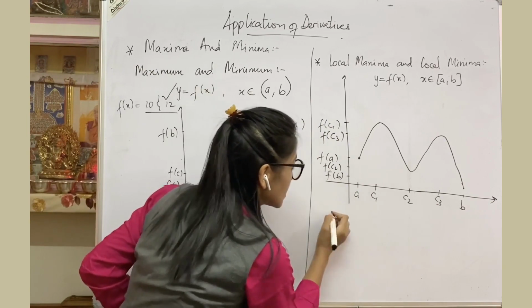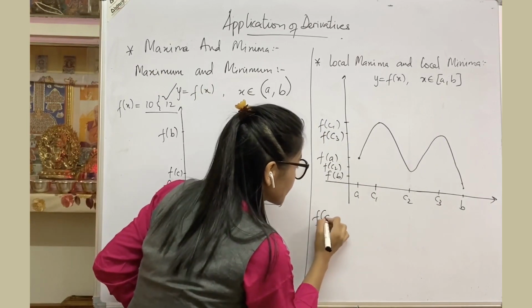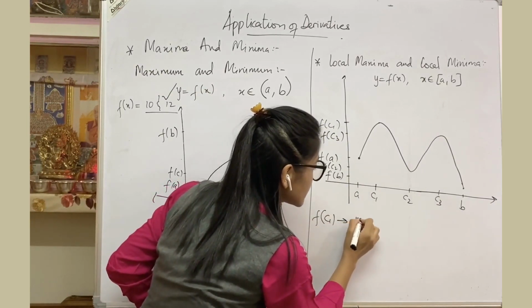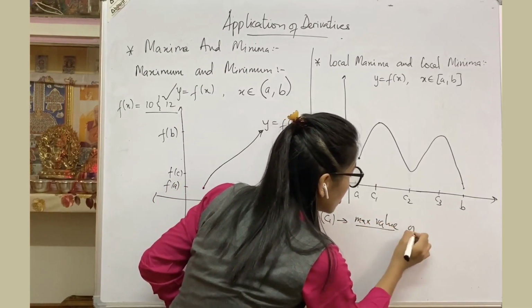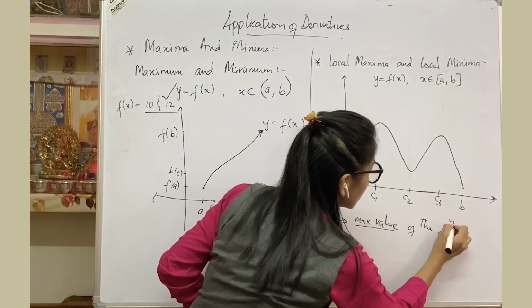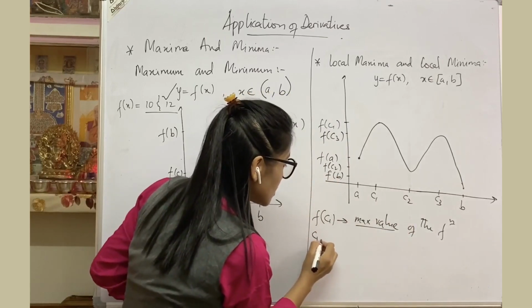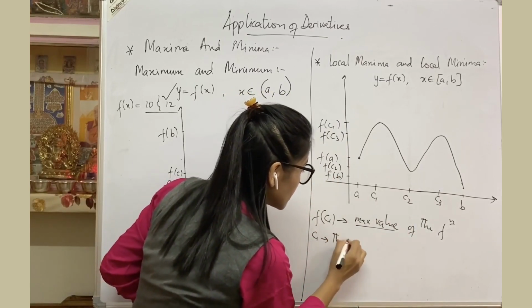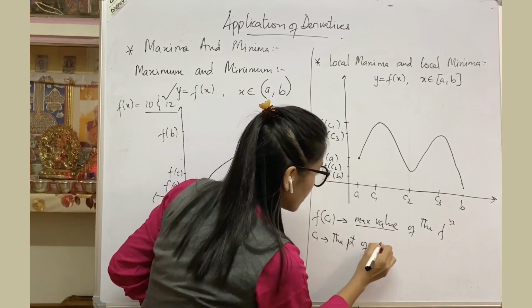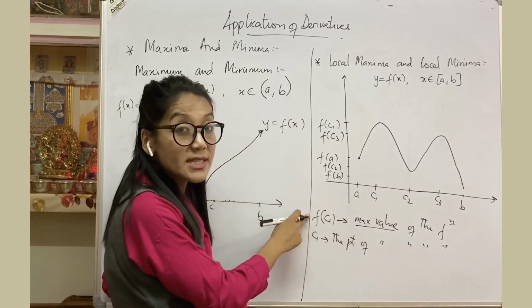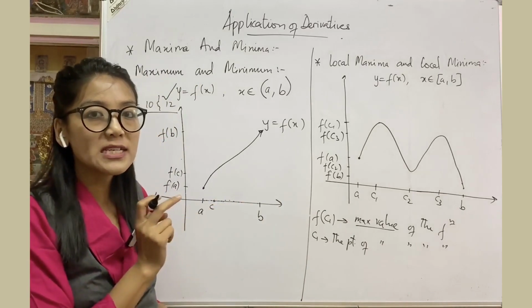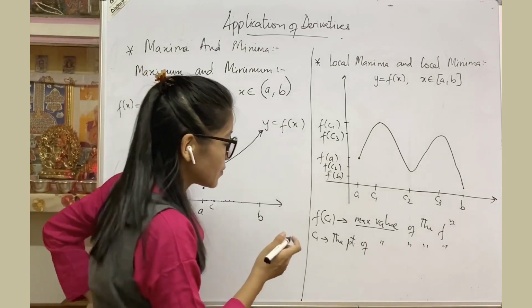Okay, you write this. f of c1 is the maximum value of the function, and c1 is the point of maximum value of the function, because at c1 the function is attaining its maximum value, so we call it the point of maximum value of the function.